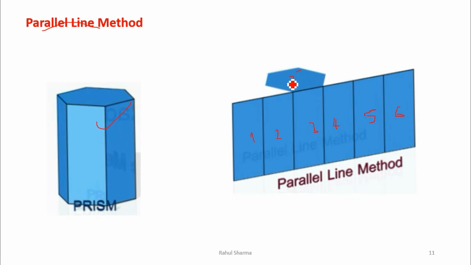So this is the top, and at this side there will be a base also. But when we say the word lateral surface, lateral means we have to develop the faces only, which means these 6 faces we have to develop only. Then we say we have developed the lateral surface of the solid.